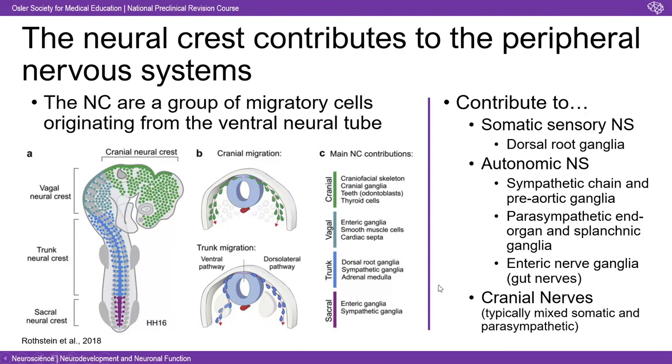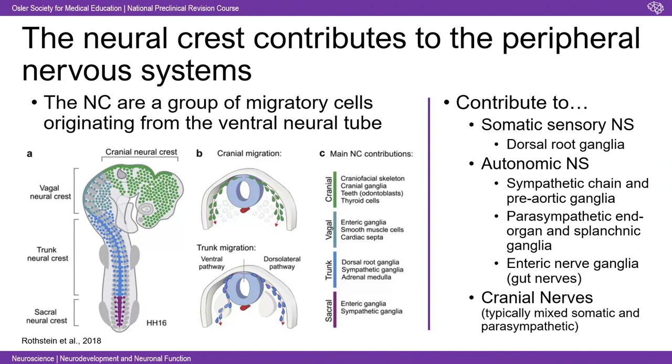And you can see on the right-hand side here a list of all the ganglia, these peripheral ganglia. Ganglia are collections of neuronal cell bodies outside of the CNS, which are formed by the neural crest, and axons and peripheral nerves grow out of those and plug into their eventual positions.